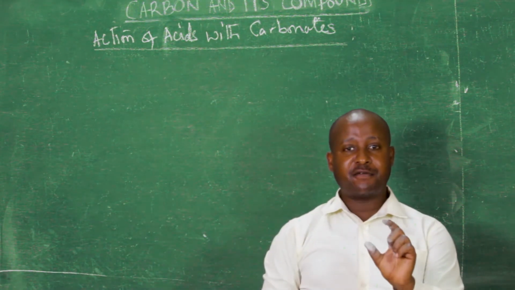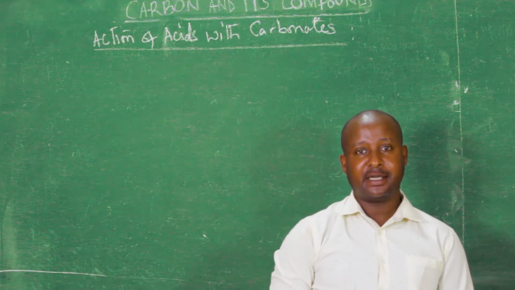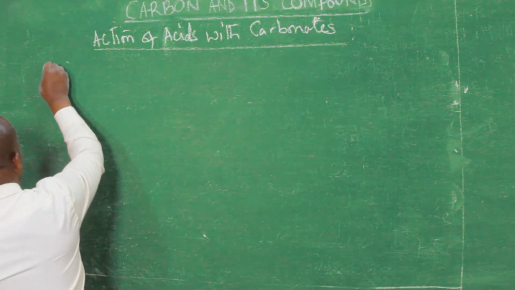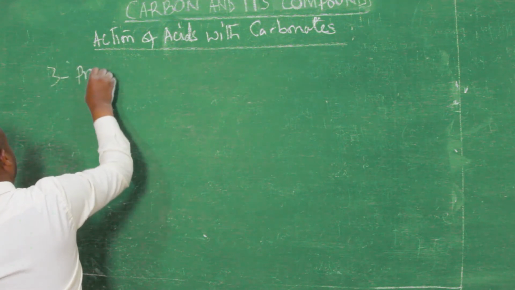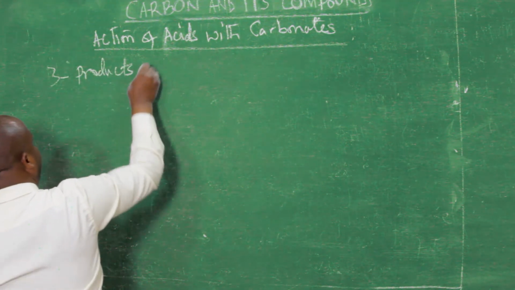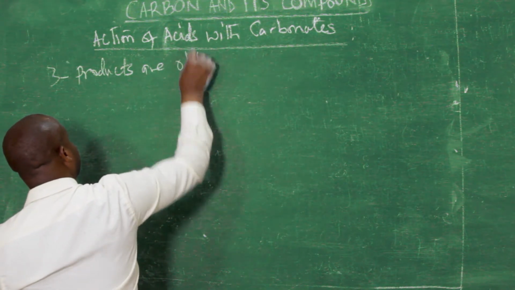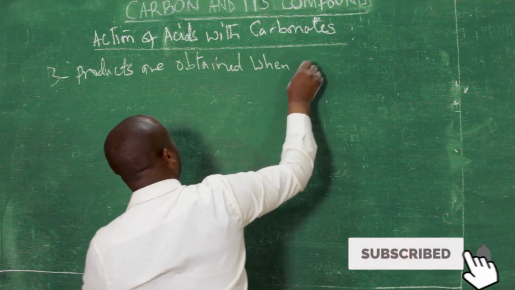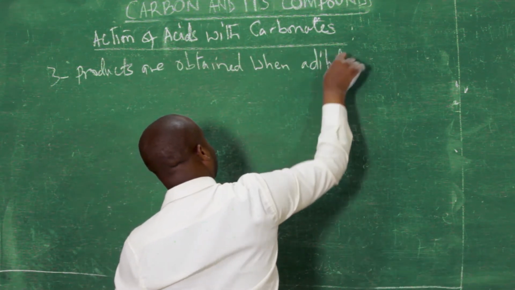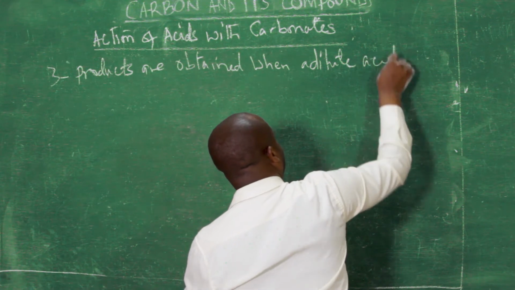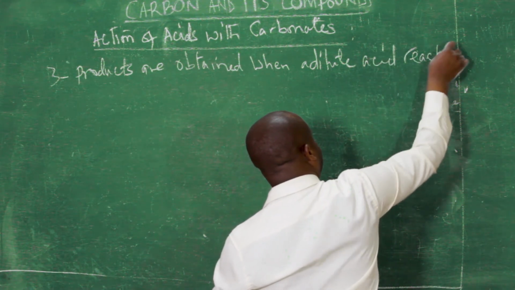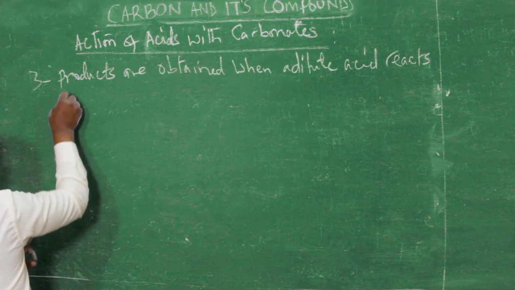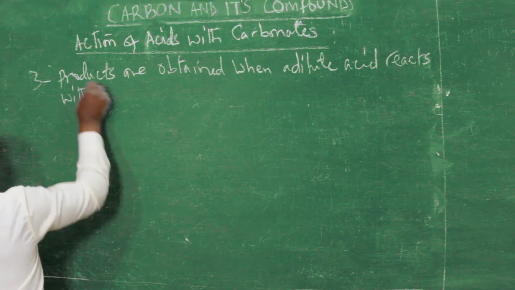We expect to have three products obtained when a dilute acid reacts with a carbonate.